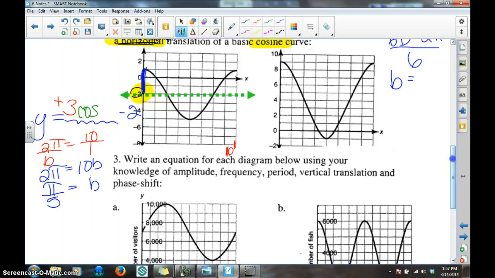So I put pi over 5 theta in as my equation, and then I go to my grapher and check it. To check this, you're going to want to set your x's to go from 0 to 10. You're going to want to set your y's to go from -8 to +3. So everybody see where I'm getting these numbers from?